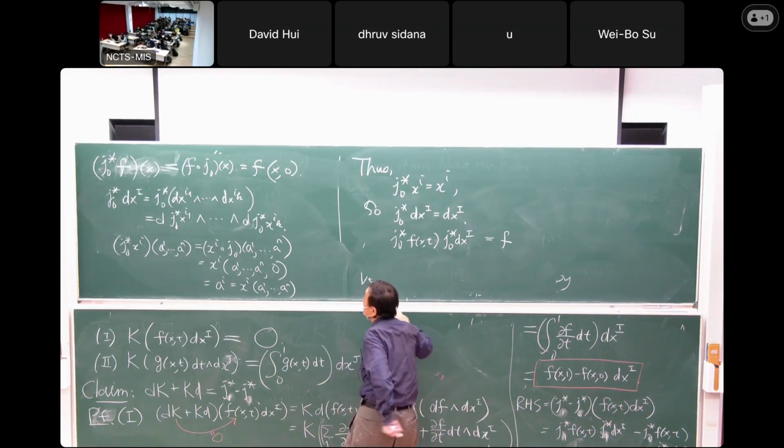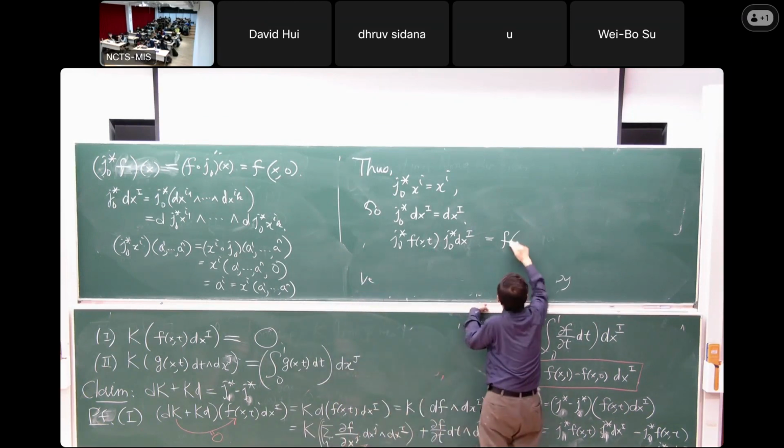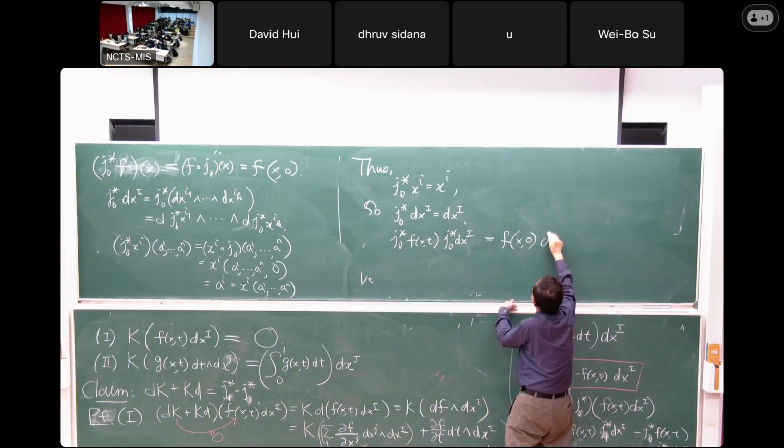Looks like I have erased it, but I remember that it's just f of x0, and then dxi.